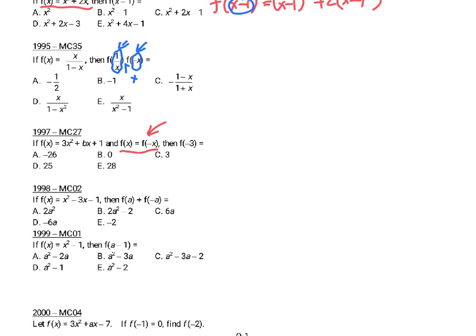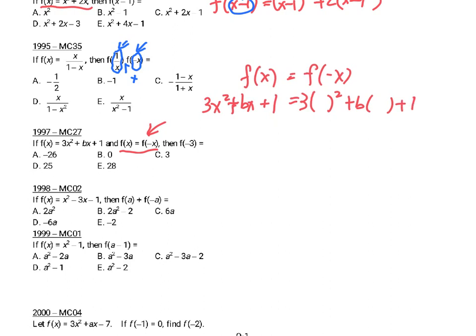So it means that 3x squared plus bx plus 1 would be equal to the same expression with negative x put into the x part.